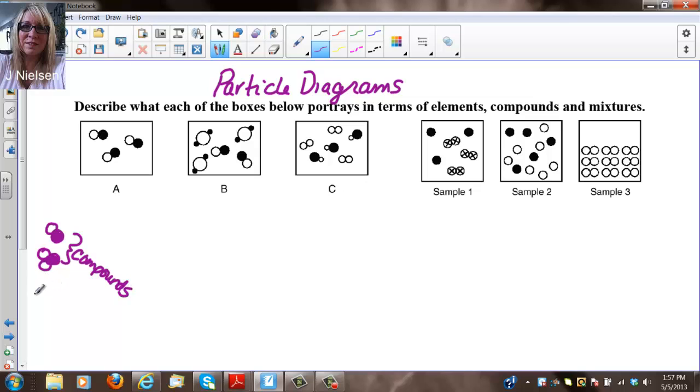When we talk about elements, an element could just be a hollow circle, or it could be drawn as a solid sphere. This would be considered a monatomic element, meaning only one. And then you also know that we have something called diatomic elements, and that's your Brinkelhoff.